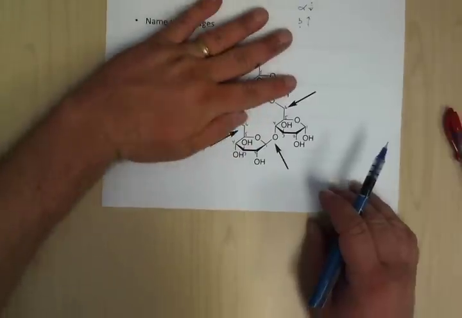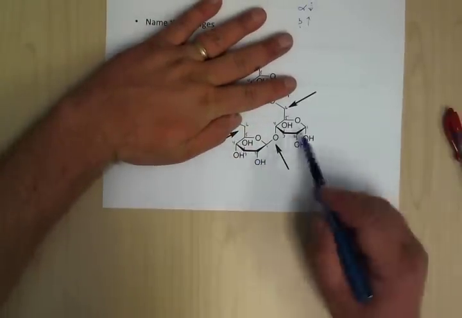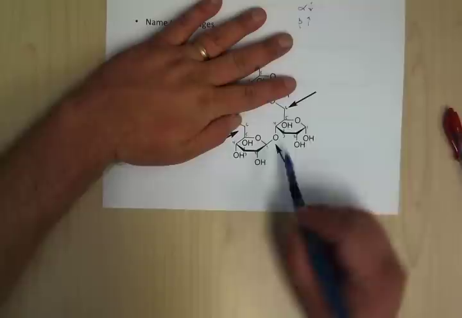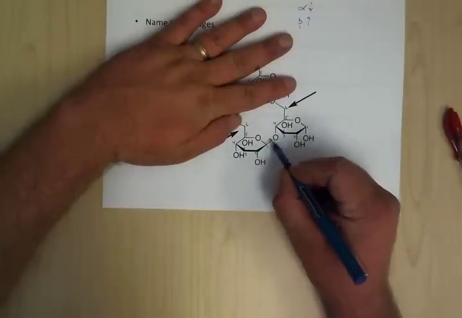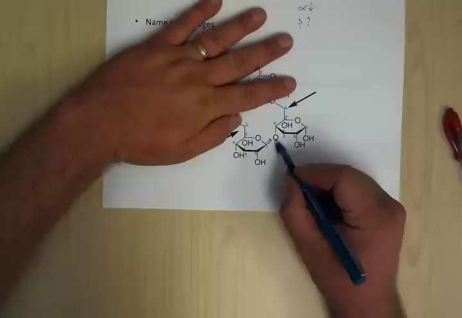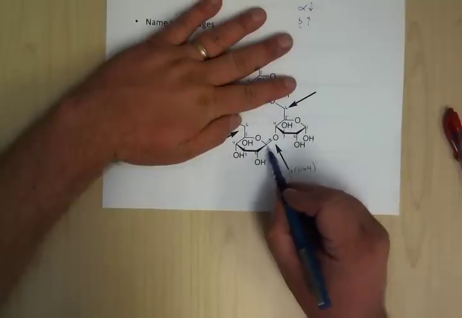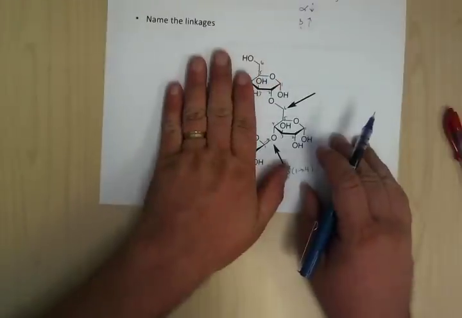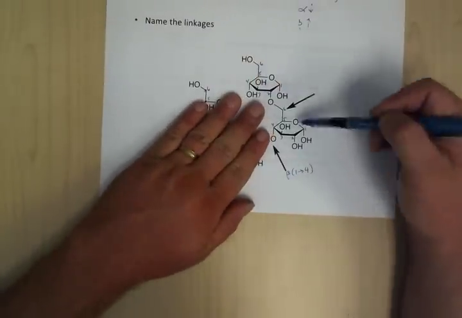So for this one here, this is the left-hand sugar, this is the right-hand sugar, right? The linkage from the left-hand sugar is going up, so it's beta. And you're going from 1 to 4, carbon 1 on this side to carbon 4 on this side. Now on this one here, just take these in isolation.